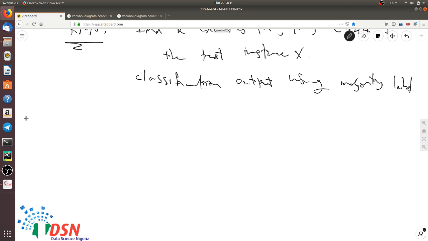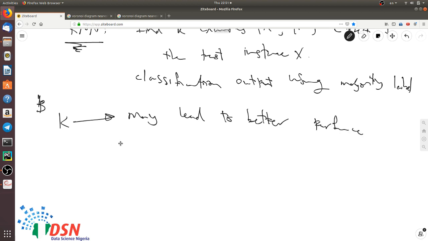But the question is, how should we choose K? If we use a large K, it may lead to better performance, as we have seen in some cases, because it makes the algorithm robust to noisy labels and noisy data. So it could boost the performance.